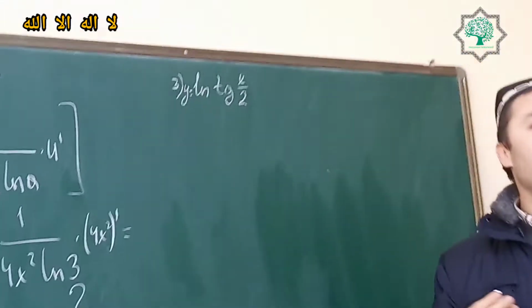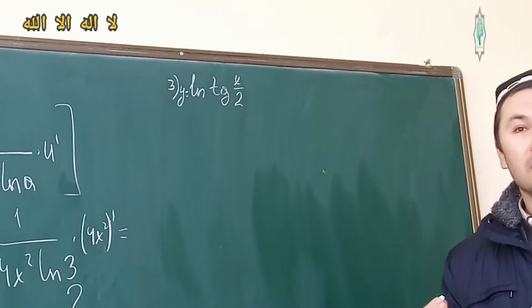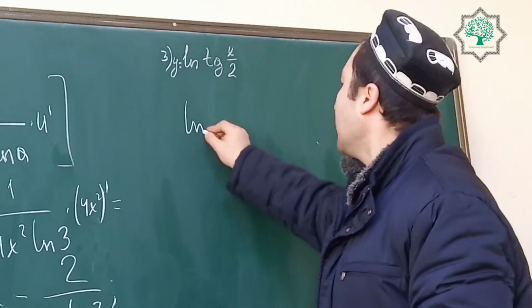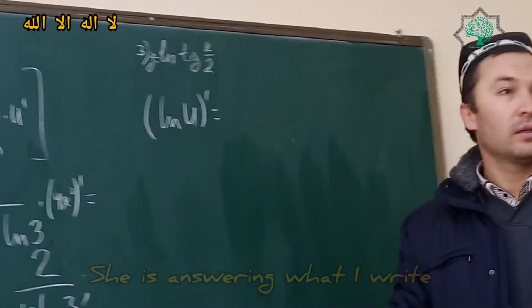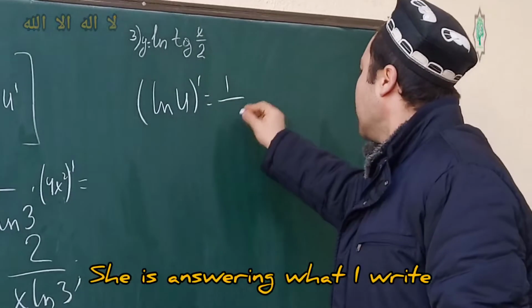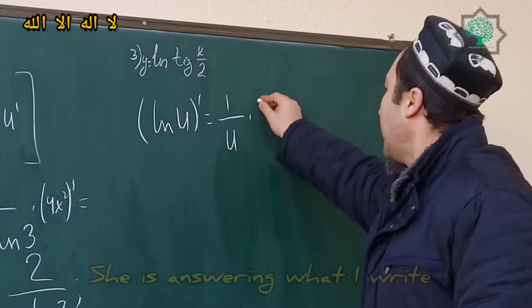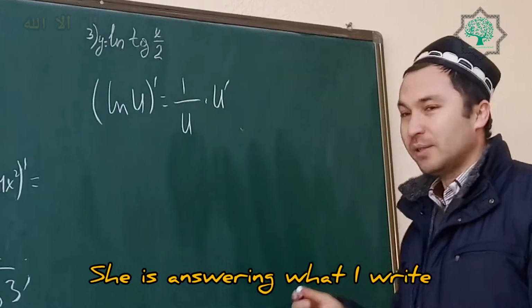The third example. Which formula do we use? Who will tell me? ln of u. Yes, Farzana, say please. 1 over u multiplied by the u derivative. Okay, it's too easy.